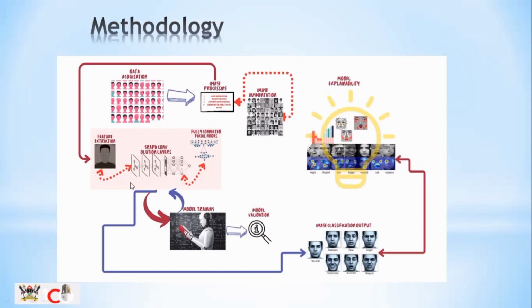And during our model training, we acquired the various features or the landmarks on the faces of the images, and these landmarks were passed through the convolutional layers, which then gave an output to determine that such and such landmarks correspond to such and such a microexpression, after which we evaluated our model using the validation dataset to assess whether it could correctly classify the images in the validation dataset, after which we were able to implement model explainability.